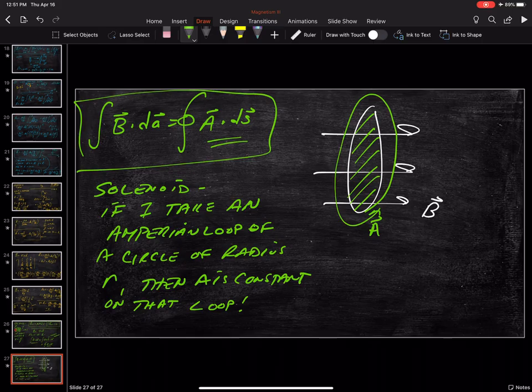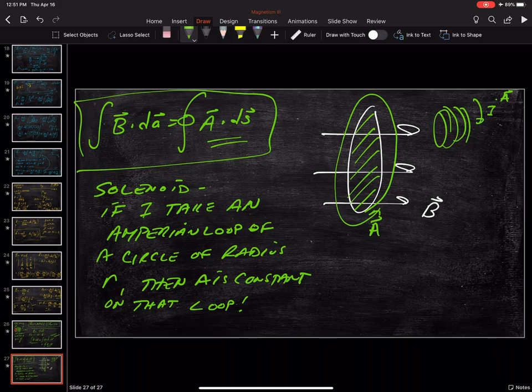Why? Well, if I imagine my solenoid, the current keeps going around, and it's very, very symmetric, and A points in the same direction as that. So A should also cycle around. And because I can twist and turn this solenoid however I like and it still looks the same, that means it's got symmetry, and that means that A should also look the same. So A should be constant on a loop around this solenoid.